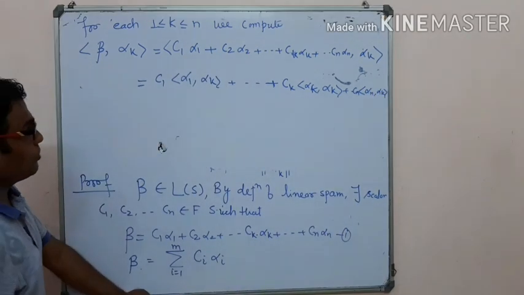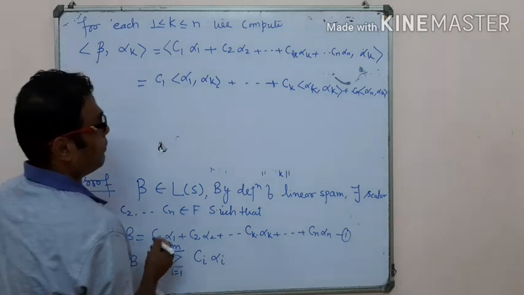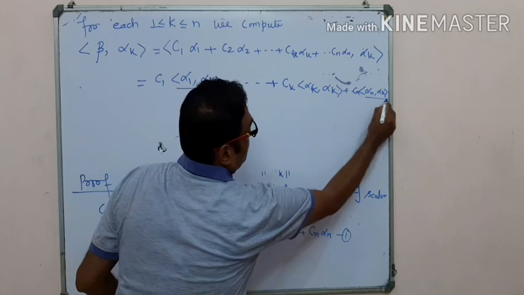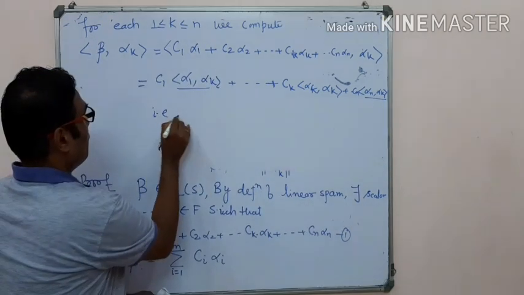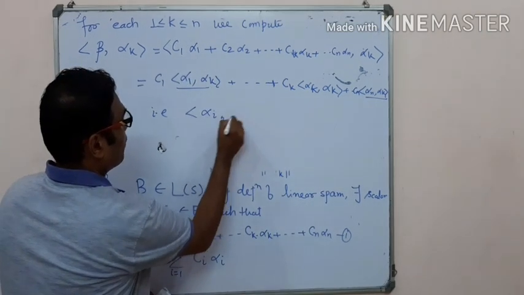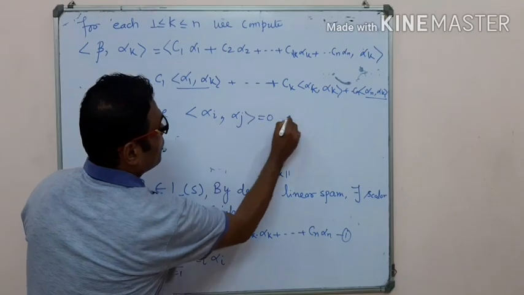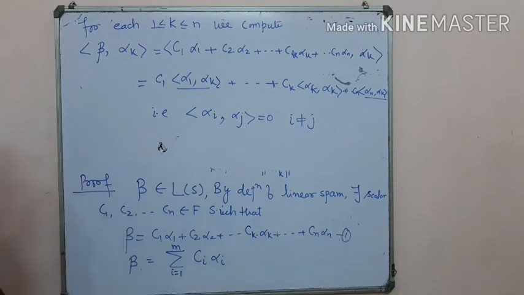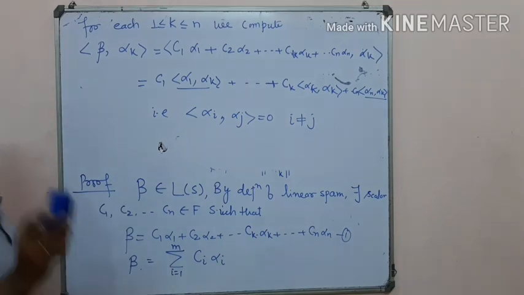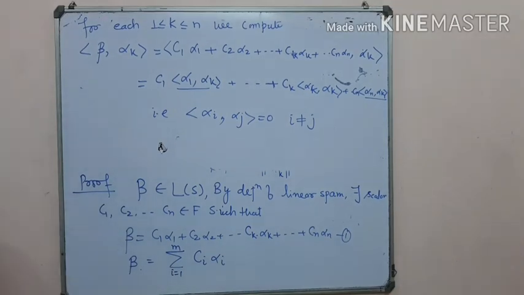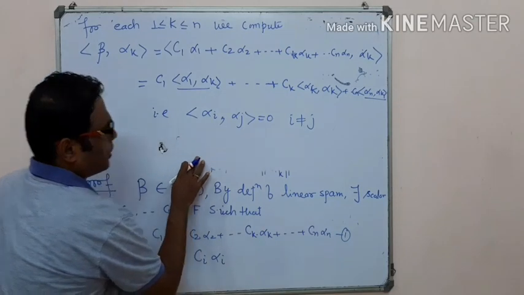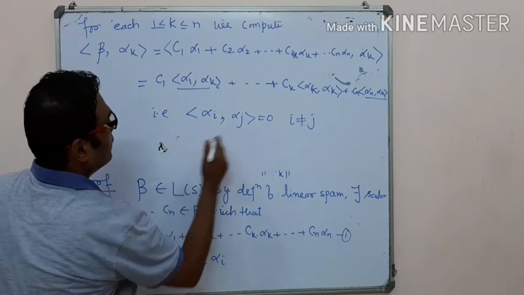Since S is a set of orthogonal vectors, we apply the orthogonality condition: alpha i comma alpha j is equal to 0 for all i not equal to j.